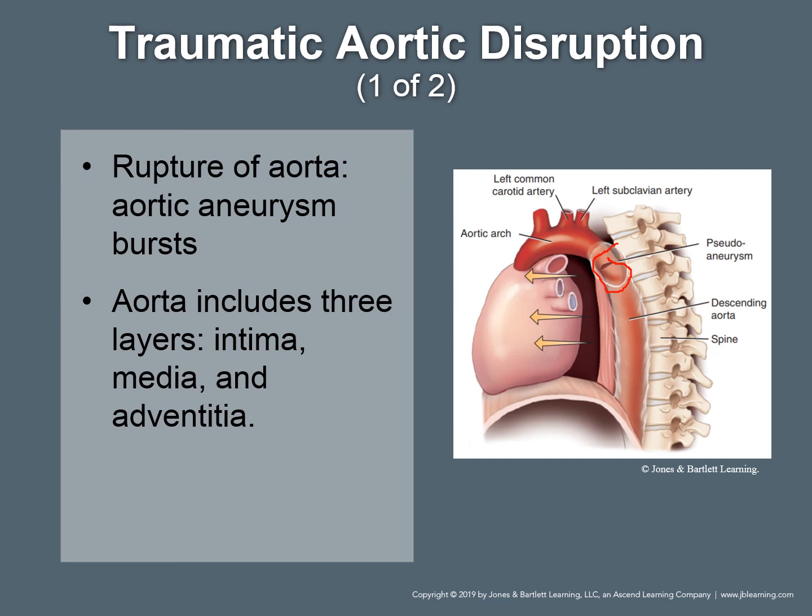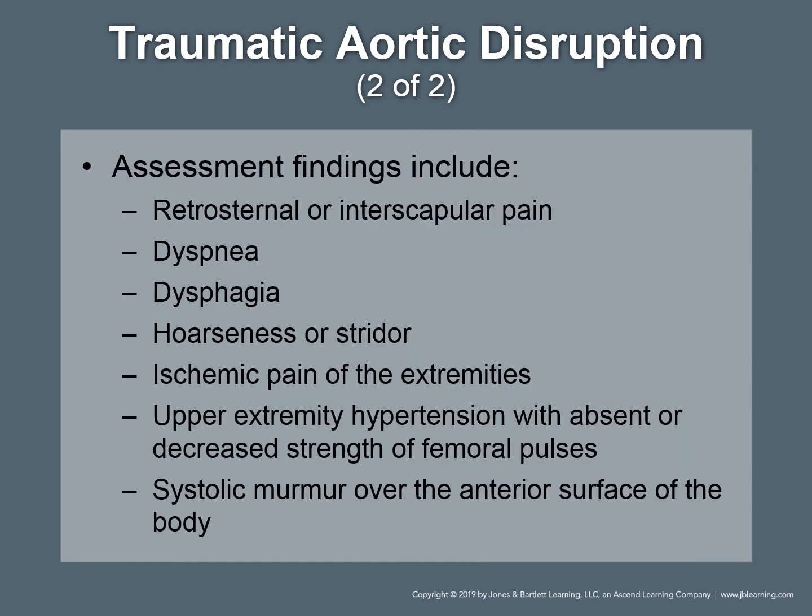Your aorta has 3 layers: the intima, the media, and the adventitia, and they'll become separated, and the patient will begin to have a dissection. You'll have retrosternal or interscapular pain. It'll be a tearing pain, difficulty breathing, dysphagia, difficulty talking, hoarseness or stridor, ischemic pain to the extremities, and you may even have unequal pulses in the extremities.